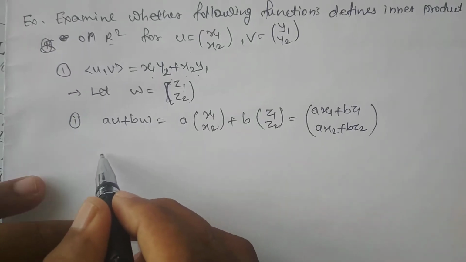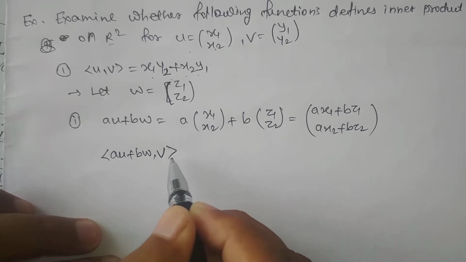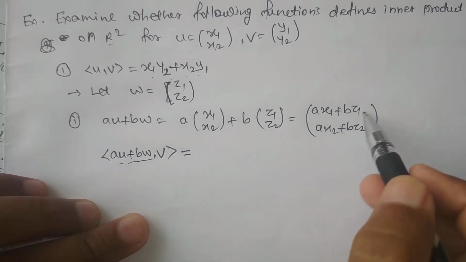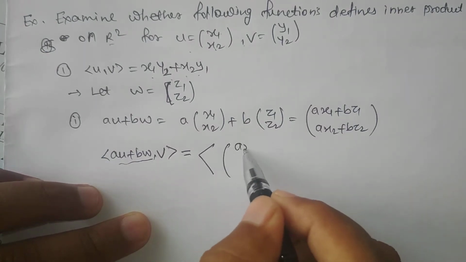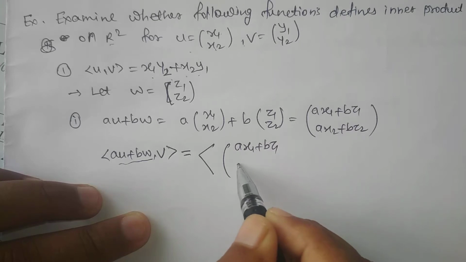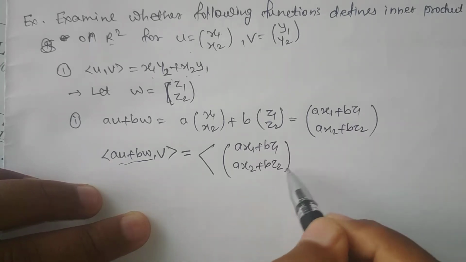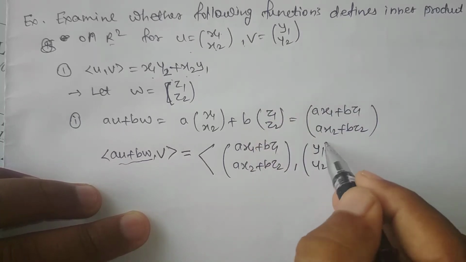So the first condition is the inner product of a u plus b w comma v. You have to check it. We already calculated this vector, so it is the inner product of a x1 plus b z1, a x2 plus b z2, comma the vector v, which is y1 y2.